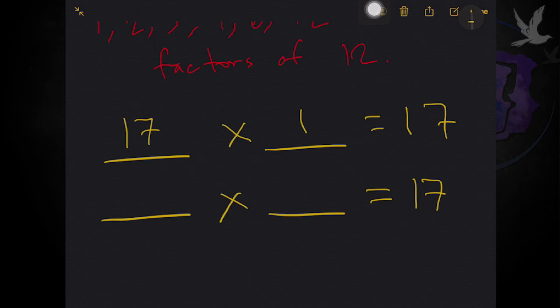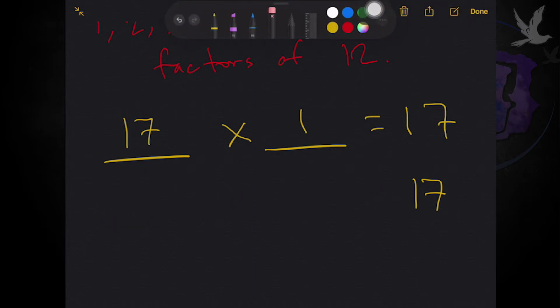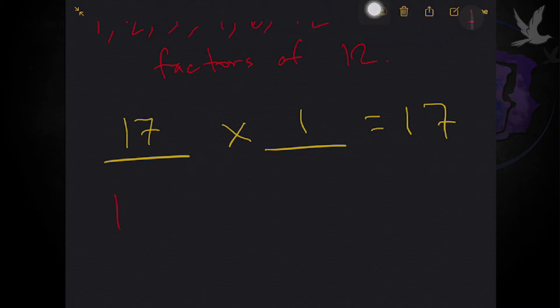Okay? So if you observe, let me just erase this. We can now say that 1 and 17 are factors of 17.